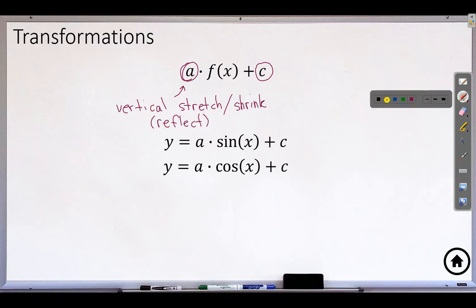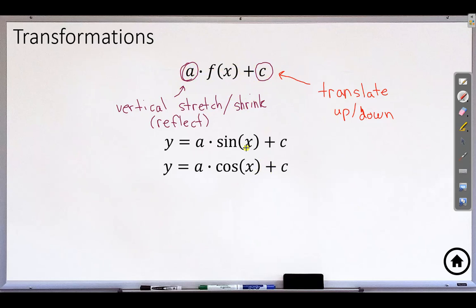And the c value, if you add a number on the outside of a function, that will translate up or down. Okay, so that was happening when we did parabolas. If we did exponentials, that's what happens when you change those two numbers.